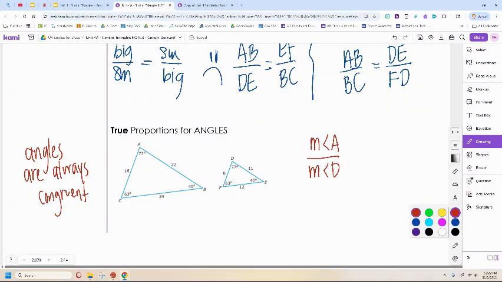And 77 over 77 is equal to 1. That's okay. And then they'll do the measure of angle B over the measure of angle E. And that's okay too, because it's 40 divided by 40, which is 1. This is okay.